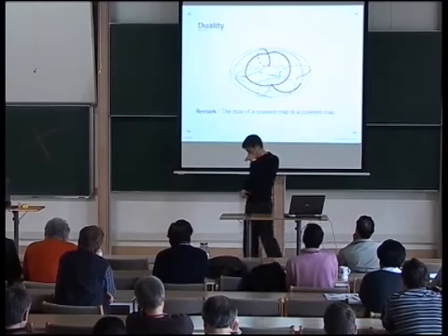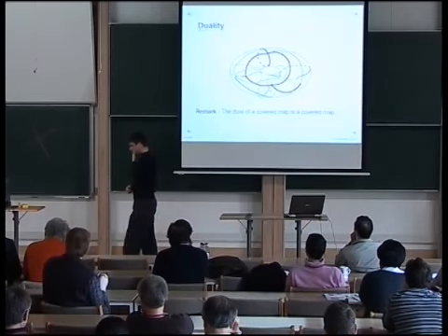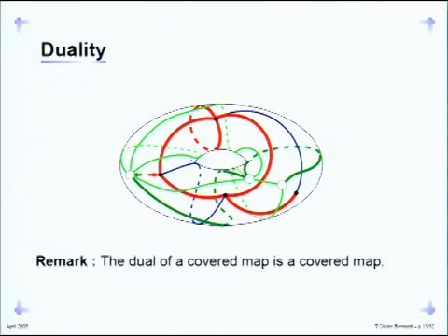So now take covered maps. I can do the kind of dual construction I was doing in the planar case. So this red thing here is also a covered map, and this is also a covered map.